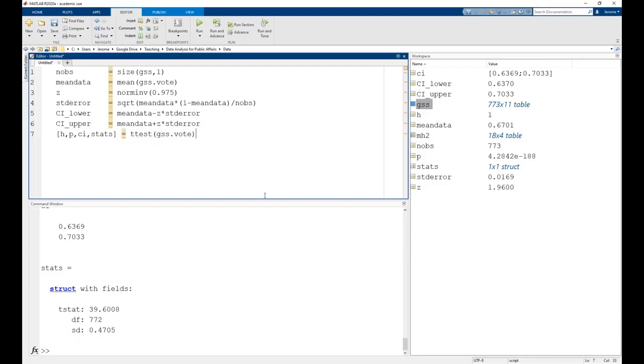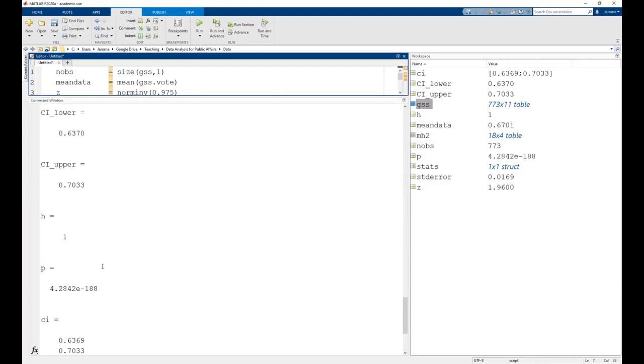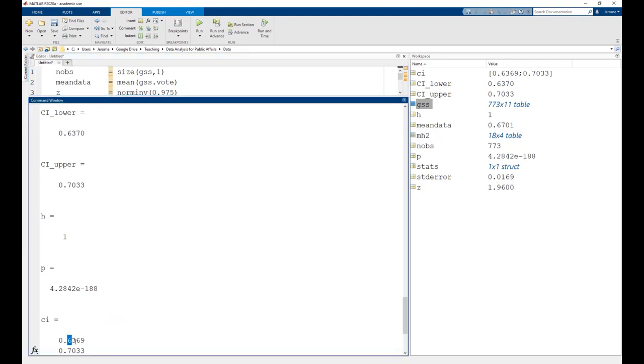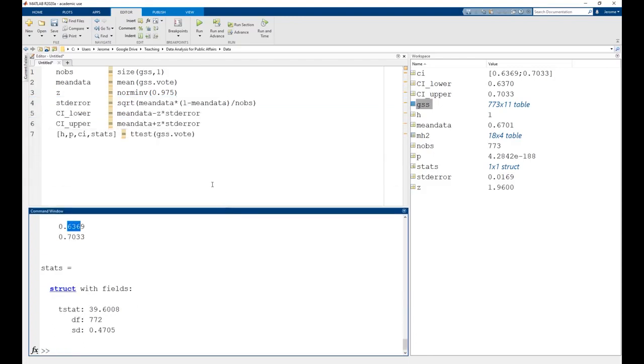Now note that we get the same values as before, the 0.637 and the 0.7033. Okay, and so this is how you calculate the confidence interval for a proportion.